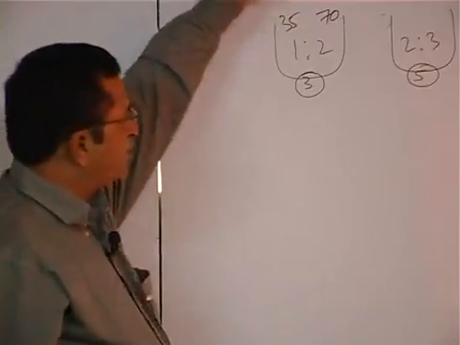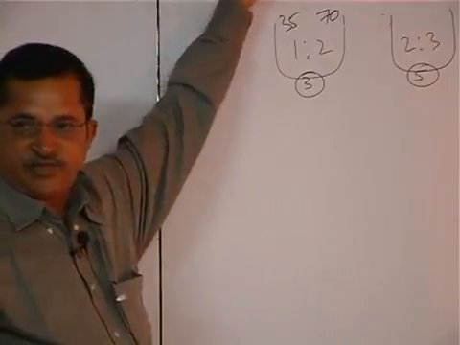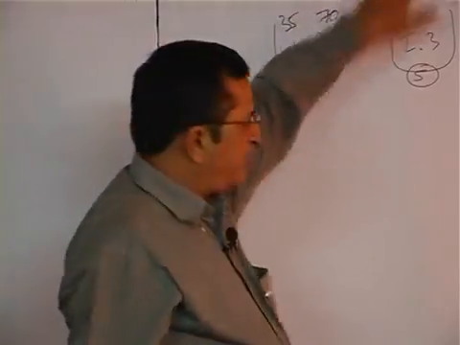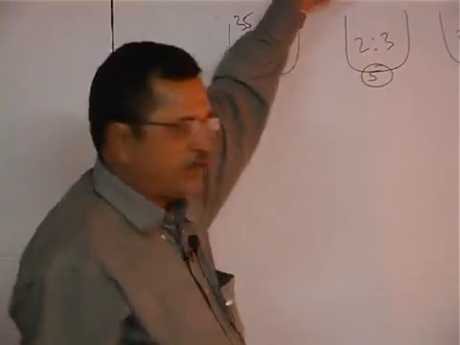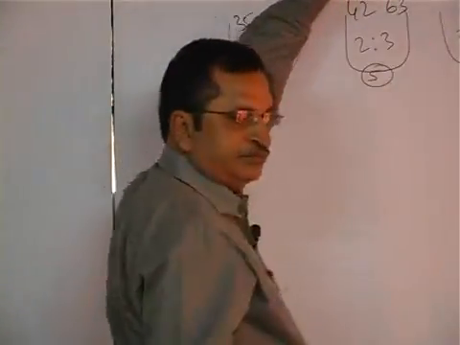Total for 3 parts 105, means 1 part 35 liters. In the second vessel, 105 divided into 5 parts means each part is 21 liters, is it not? 21 twos are 42 and this is 63.